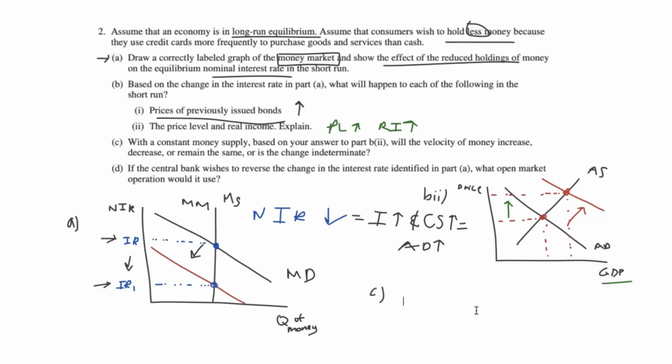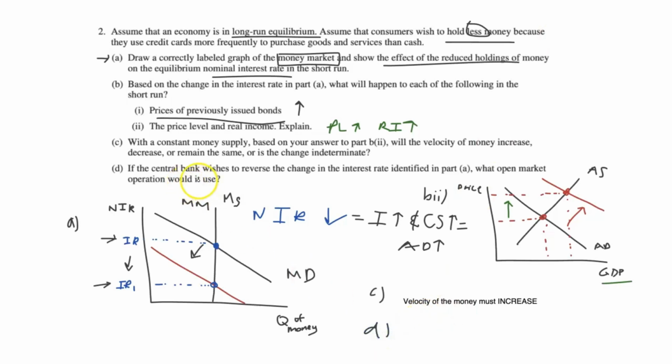If the same amount of money goes through more transactions, that is correlated with the velocity, right? The number of times that the money gets spent, the number of transactions it goes through. And therefore, we can determine that the velocity of the money must increase. Boom. Move on to the last part of this FRQ.